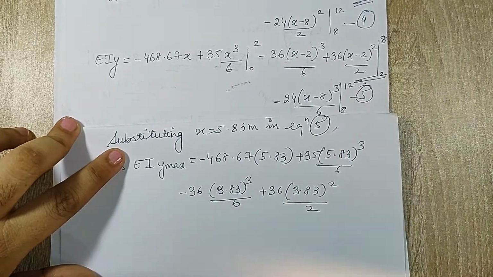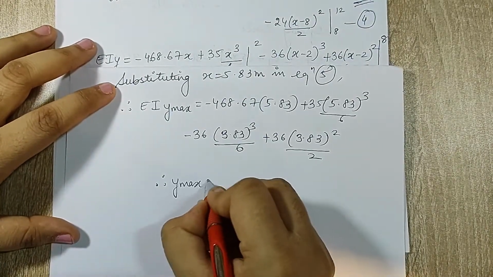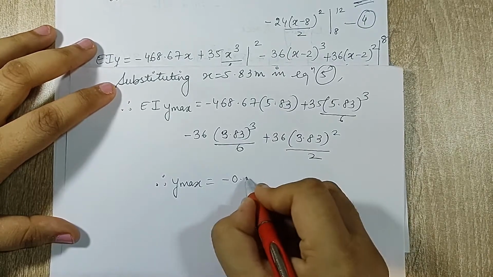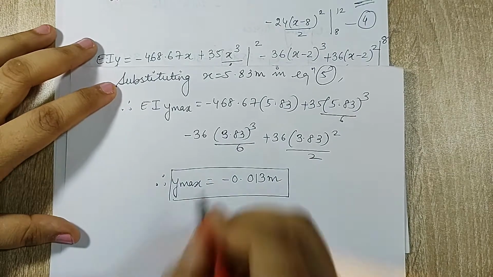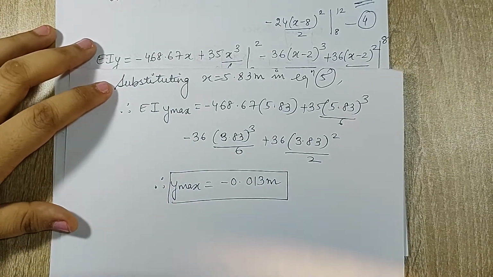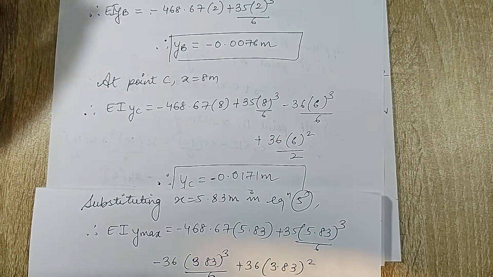So I have to write till here, and I get the value of Ymax as minus 0.013 meter. So this is the maximum deflection that I am going to get on the beam in the vertical direction. So this is how the numerical is supposed to be solved.